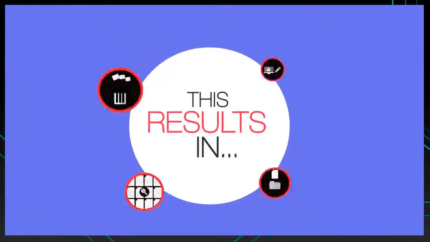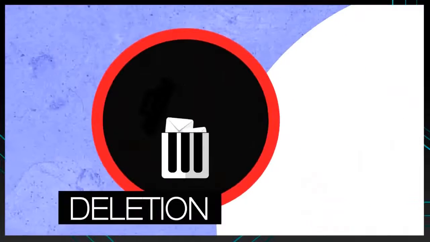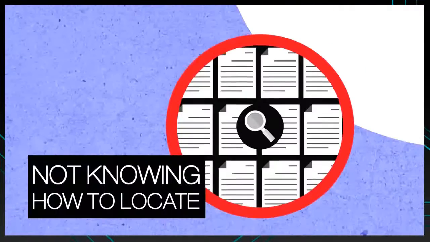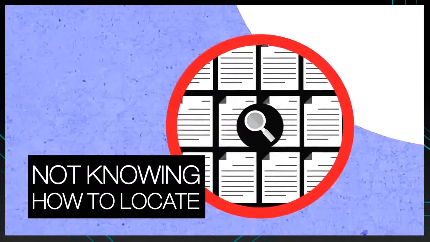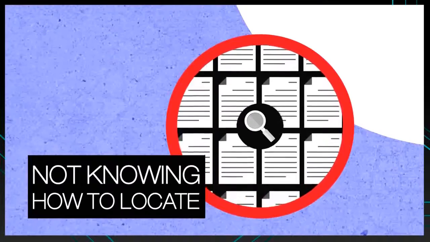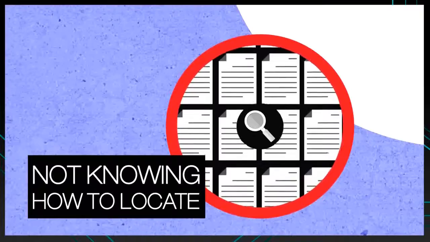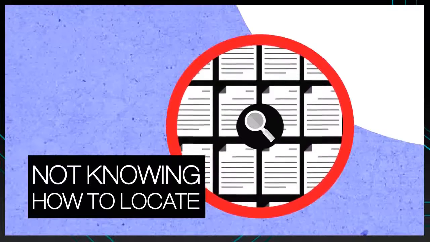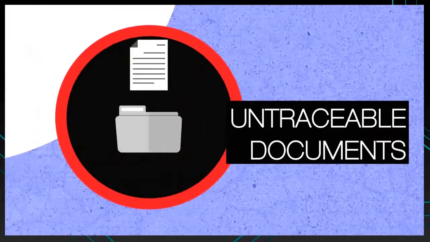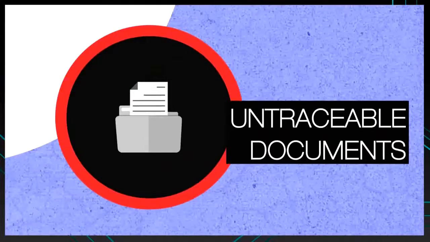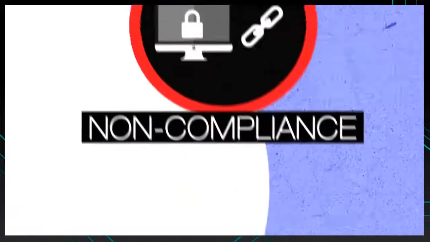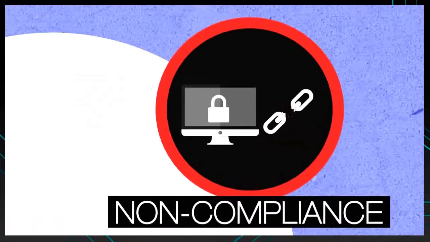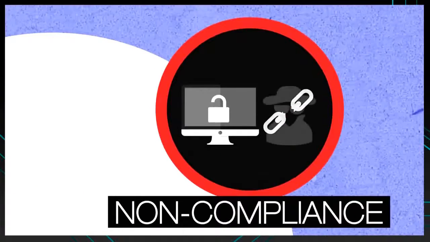This results in deletion of important emails and documents, employees not knowing how to locate the documents, or having no access to files because of organizational change or staff turnover. Documents are not traceable because each person files in his own way and only understands it himself. Non-compliance with regulatory requirements, thus breaching security.